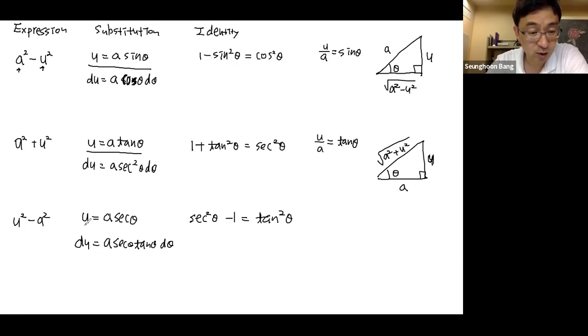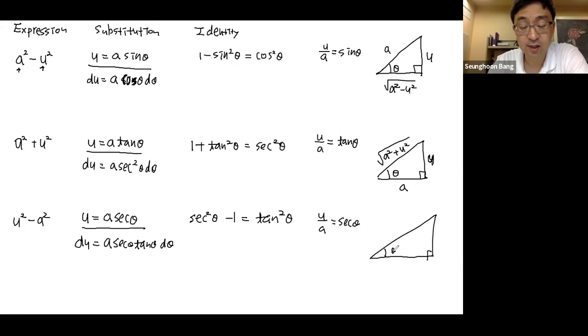The last one, u equals a times secant theta. You can divide by a. The u over a is secant theta. You can draw a triangle. What is secant theta? Secant theta is hypotenuse over adjacent.